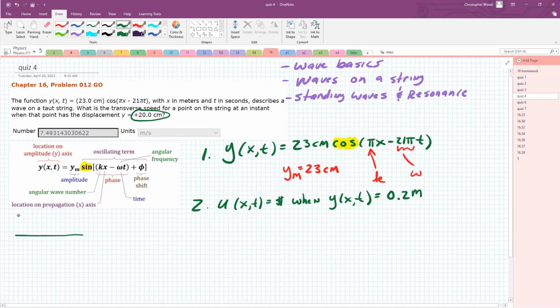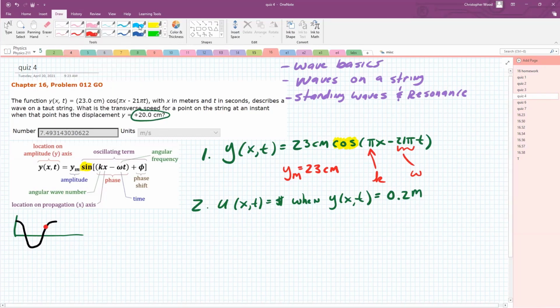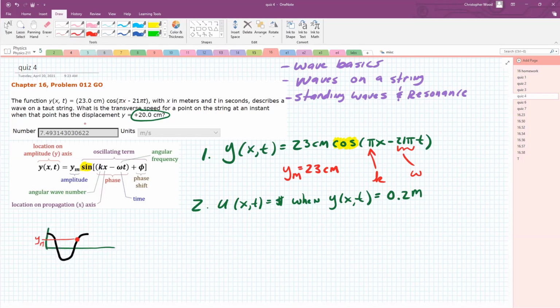Basically, here, I'll draw that. Here's my cosine function. Let's just take a particular point right here and look at this point when it has this y value. This y value is a fraction of y sub m, which is 23 centimeters, here 20 centimeters or 0.2 meters.